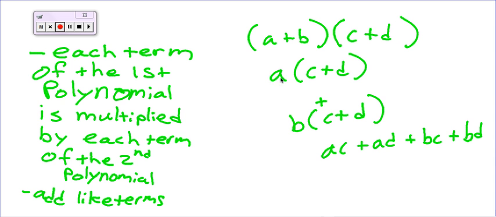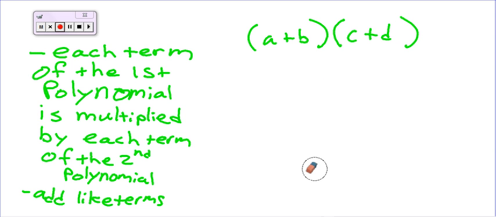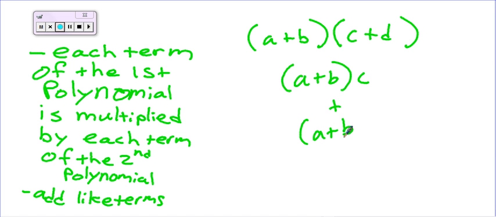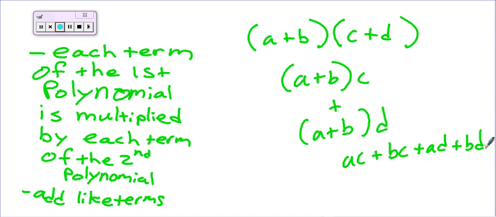Another way I can do this problem is to do a plus b times c plus a plus b times d. So that's going to give me ac plus bc plus ad plus bd.